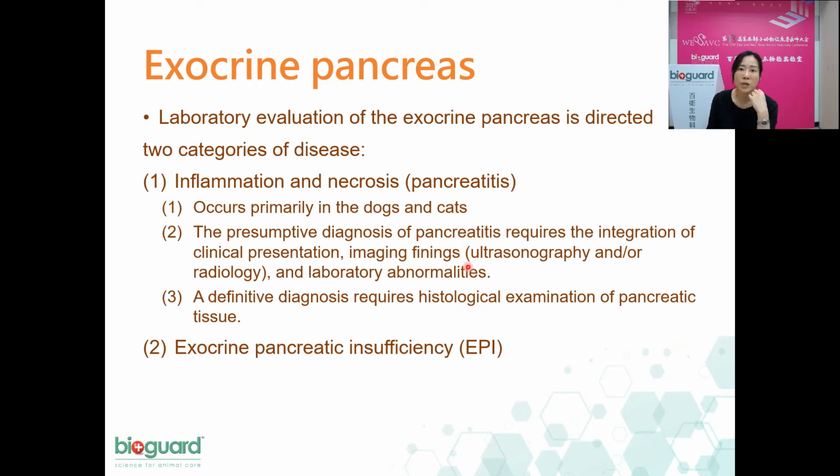We also need to do some blood examinations such as CBC or biochemistry to help us with the diagnosis. But if we want to make a definitive diagnosis, we may need histological examination. But I believe that in clinical cases, we seldom do this kind of examination.